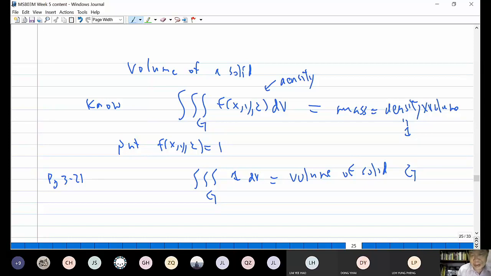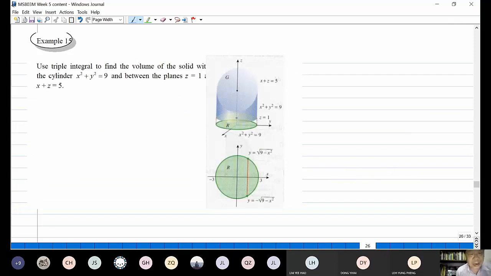So this is actually density times volume, but density is 1 now, so the value of the volume is the same as the value of the mass. Okay, so that tells me how to handle this equation, right?